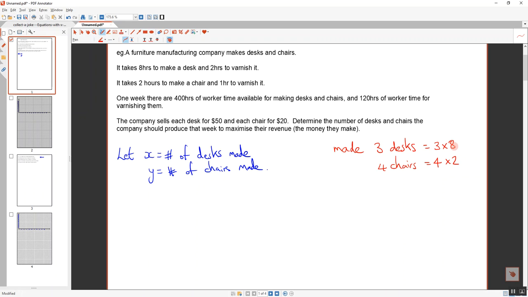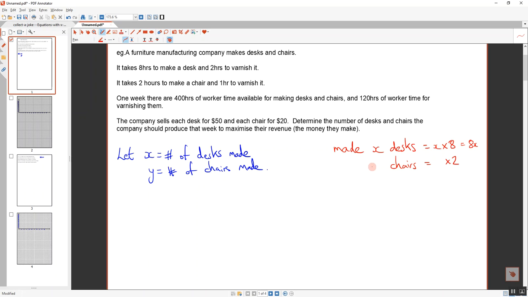All okay with that? If I then change my mind and say that I made x desks, how long is that going to take me? X times 8, which is 8x.